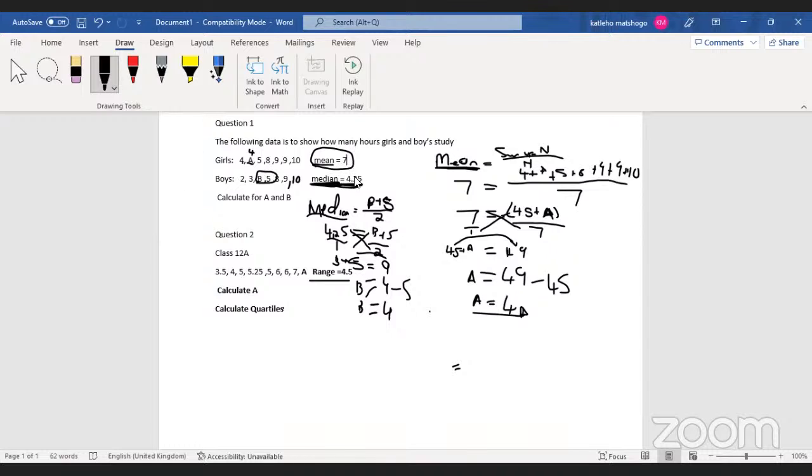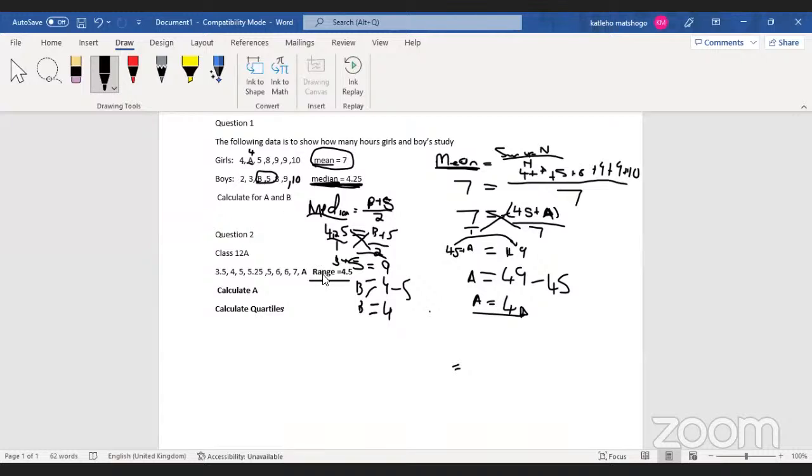On this calculation, I even did you a couple of examples, saying that the mean is 7. It's given. The median is 4.25. It's given. So these should be our clues on how to calculate the A and the B.